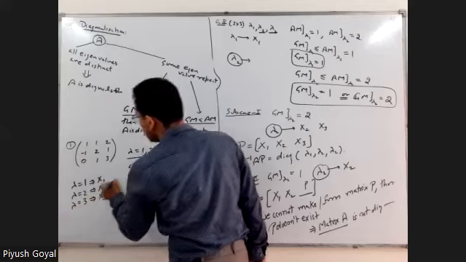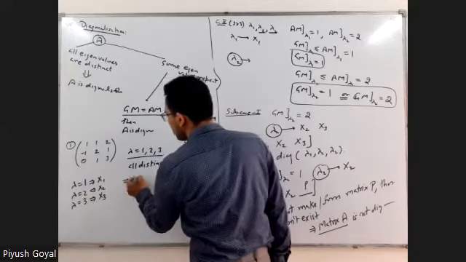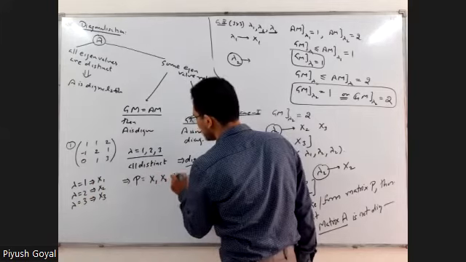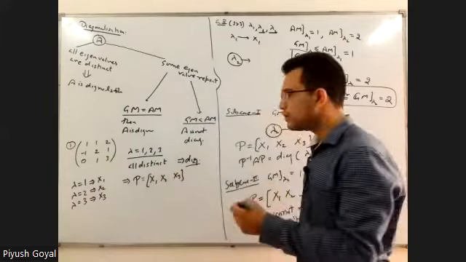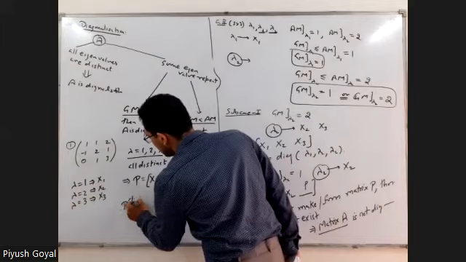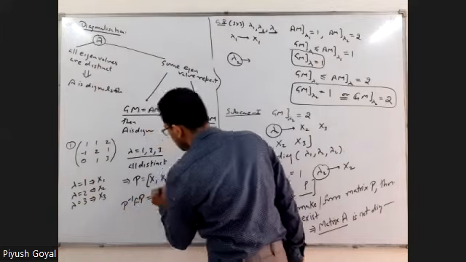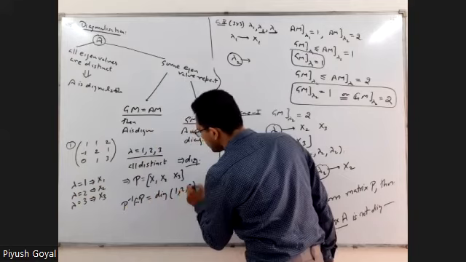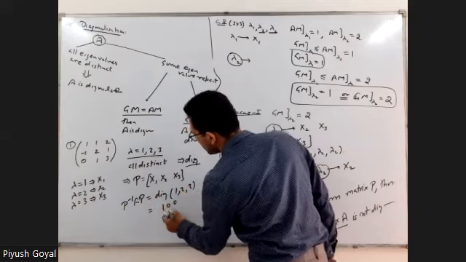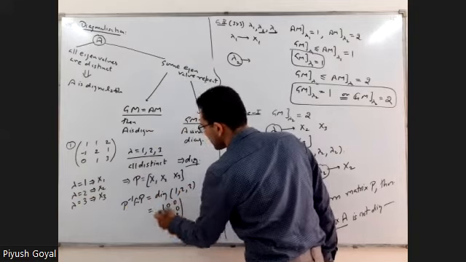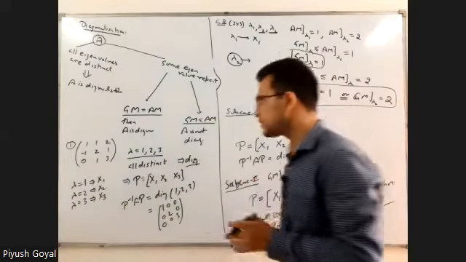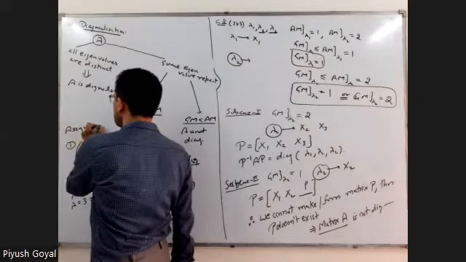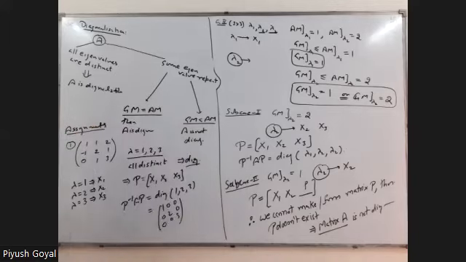When you have these eigenvectors, you will have this matrix P, and then you will say that P inverse AP is diagonal, 1 2 3, or you can say 1 0 0, 0 2 0, 0 0 3. So this is the first question. You can say this is an assignment for you. Please do these numericals, do not ignore them.